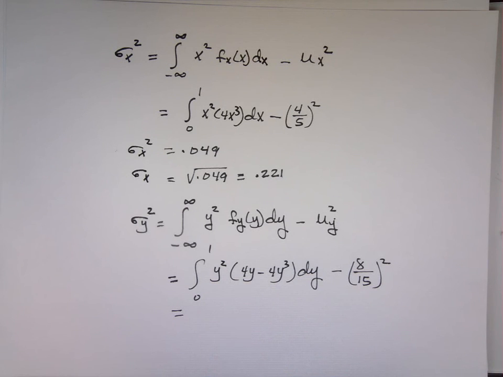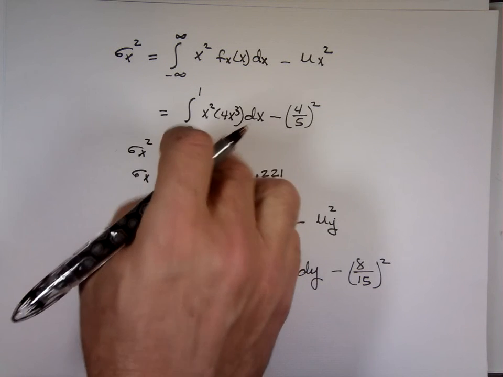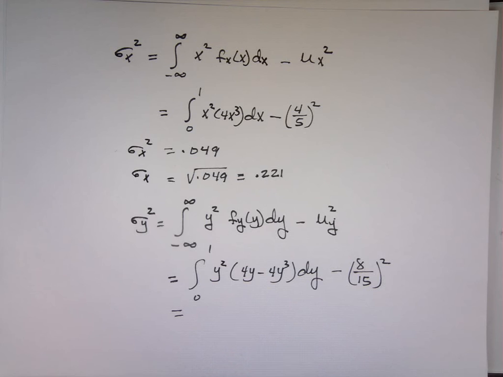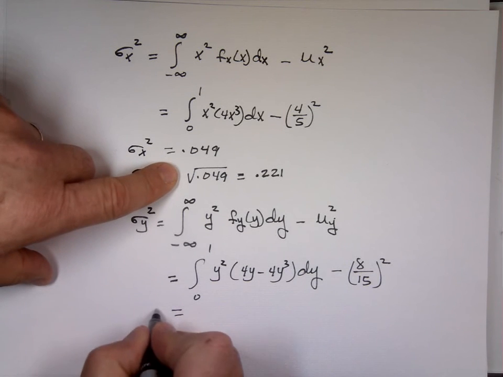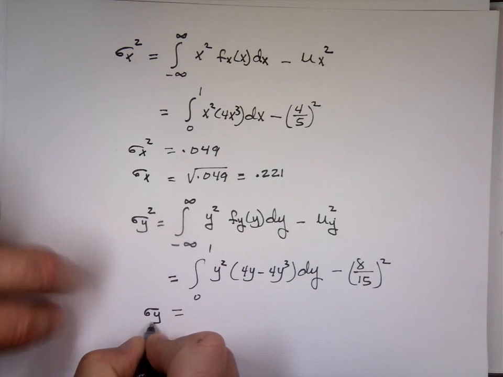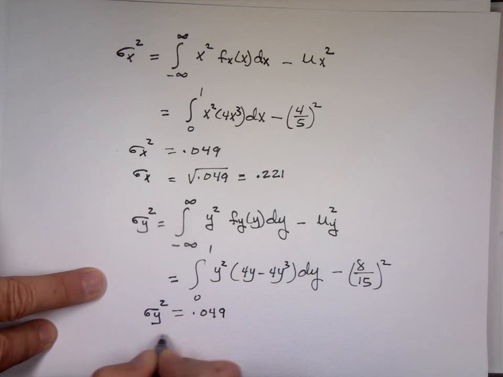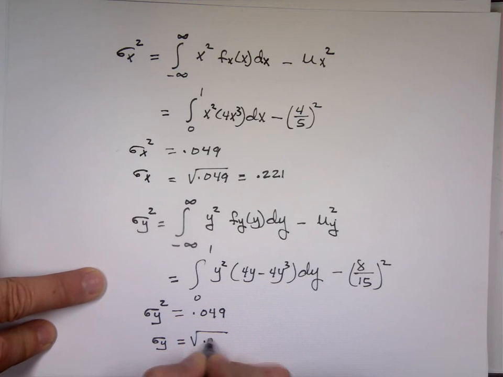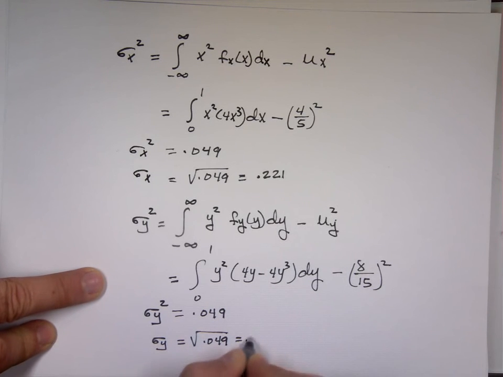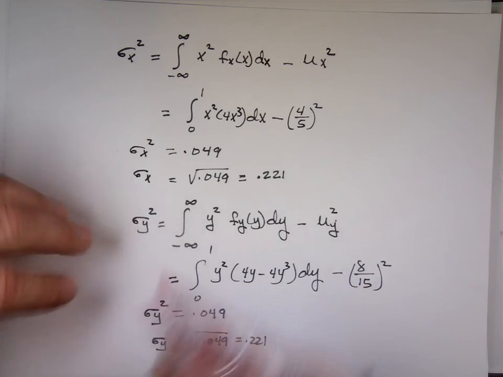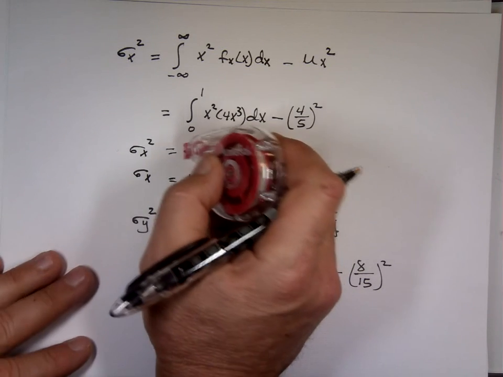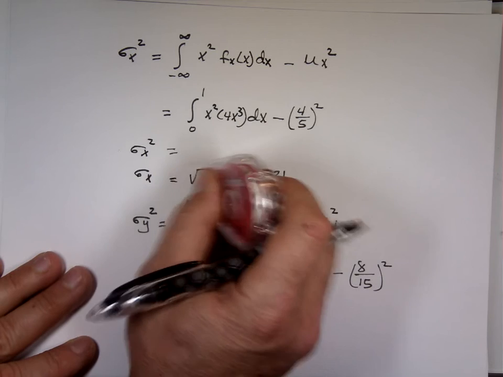I think the first number is wrong. That's not 0.04. I think that's the y one. Sigma x squared actually, a little bit off there. Double check your numbers.